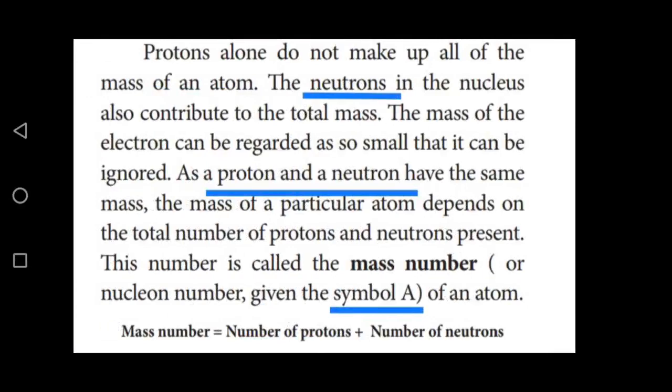What is mass number? Mass number is the total number of protons and neutrons present in a nucleus. This number is said to be the mass number.